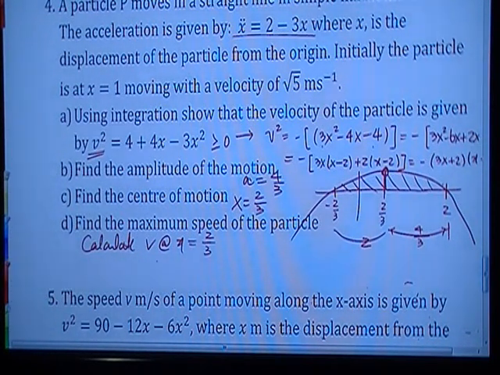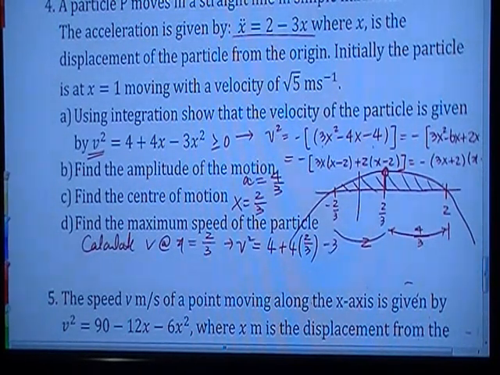And so you put x equals 2 on 3 into v squared, and that equals 4 plus 4 times 2 on 3, minus 3 times 2 on 3 all squared.